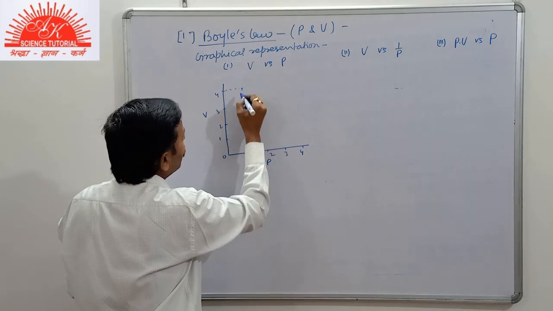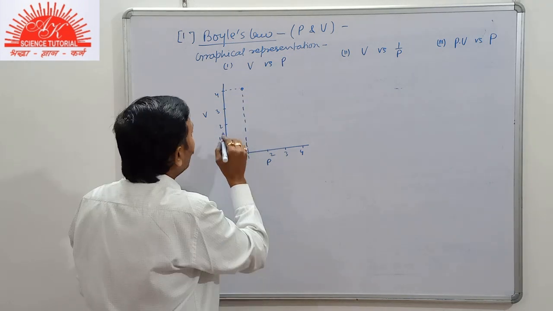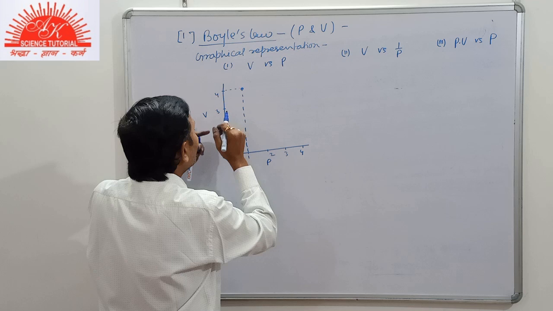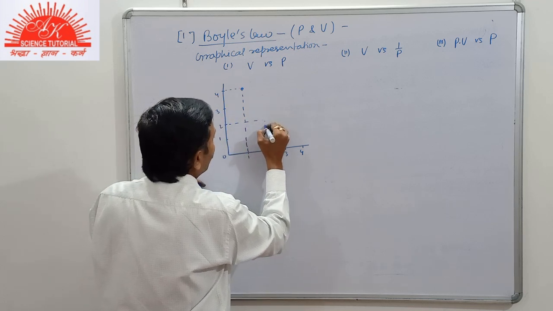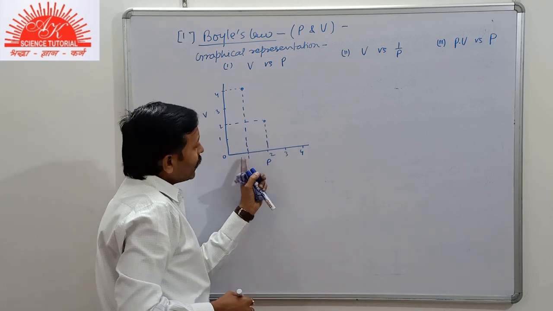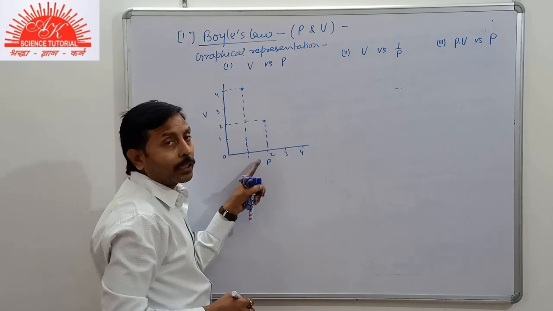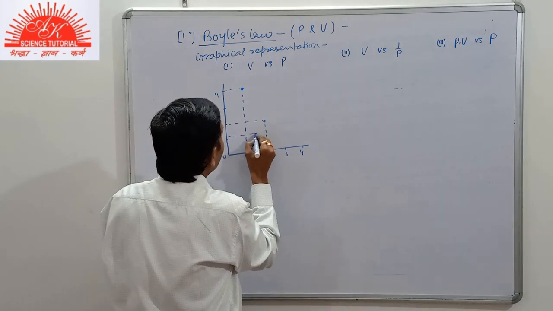This is the point. If the pressure is doubled, the volume becomes half, half of 4, that is 2. So here is the next point. If the pressure is tripled, the volume becomes 1/3, and 1/3 of 4 is approximately 1.33.